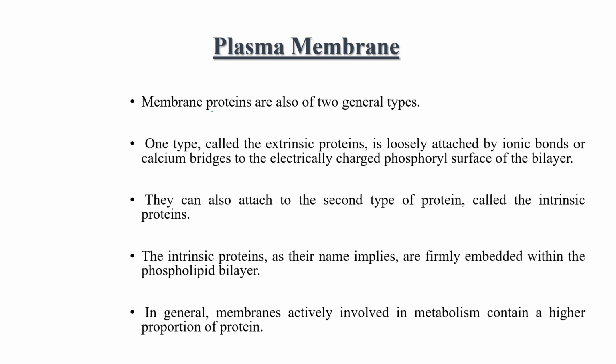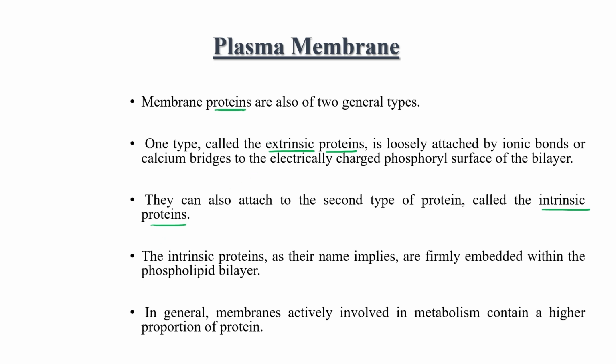And this plasma membrane also contains membranous protein. There are two types of membranous proteins. One type is known as extrinsic protein. It is loosely attached by ionic bonds and calcium bridges. Extrinsic proteins are only present on the outer surface of the lipid bilayer.